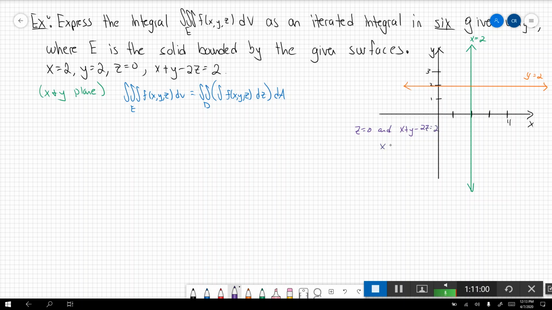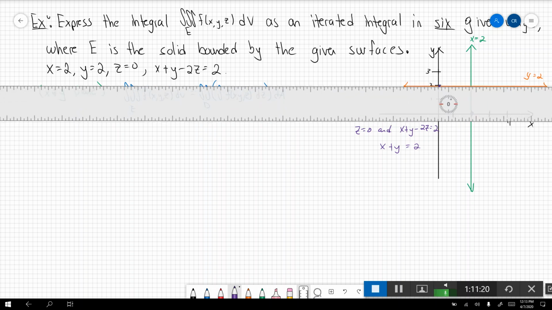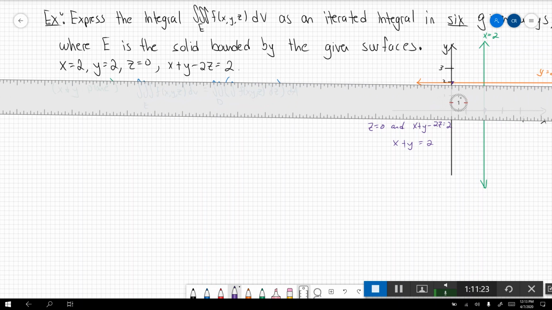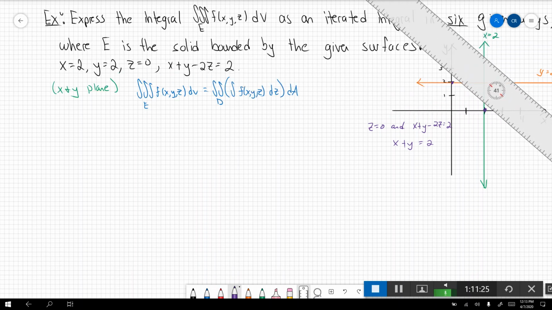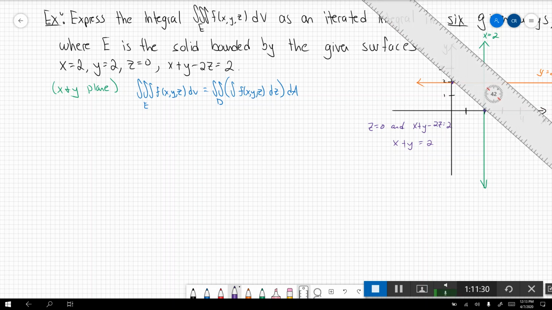This is then going to tell me that x plus y minus 0, because minus 2 times 0, is going to be equal to 2. Now, graphing this function here shouldn't be too bad. I see an intercept of 2 right up here, and it has a negative slope, so it's going to go down 1 over 1. That's not bad. Let's get that going. Should be somewhere around a 45-degree angle, hopefully. Not quite, but it's okay. There we are.